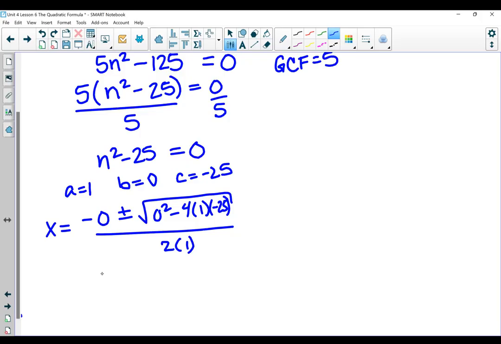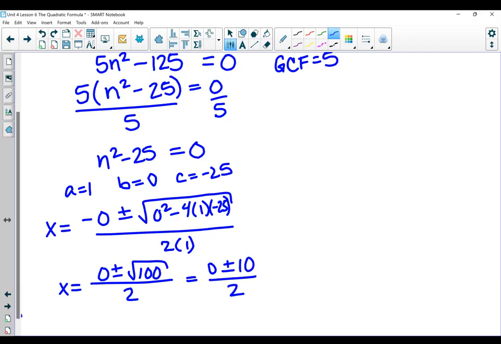Well, the first term here is going to be 0 plus or minus square root of 100 over 2. So 0 plus or minus 10, square root of 100 is 10 over 2, just turns into 0 plus 10 over 2 and 0 minus 10 over 2.